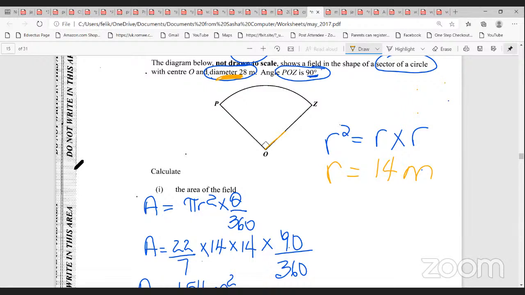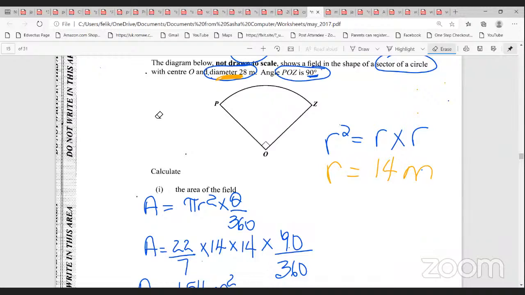What's the length from O to Z? O to Z would be the what? What aspect of the circle is O to Z? Is it the diameter? Is it a chord? Is it a radius? What is it? Anyone?